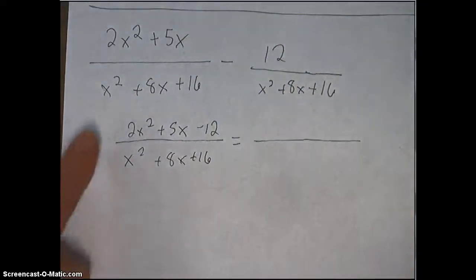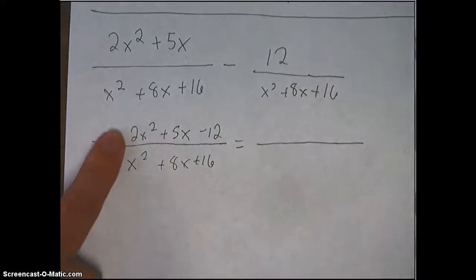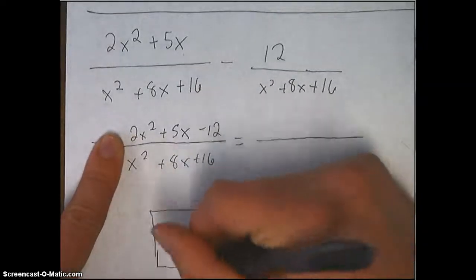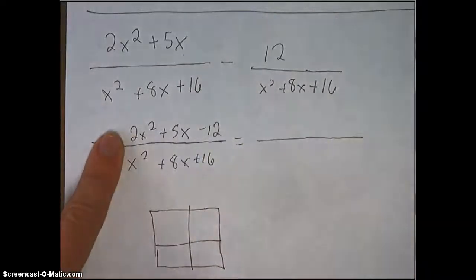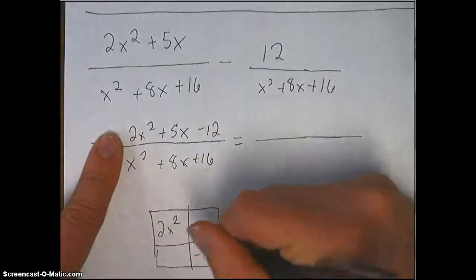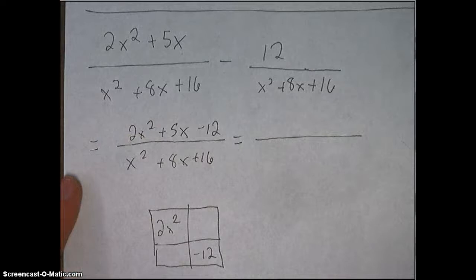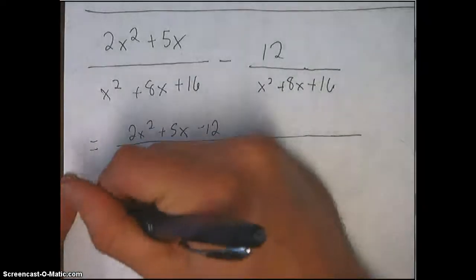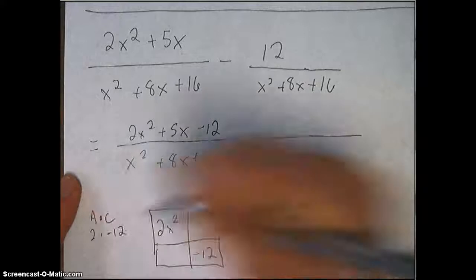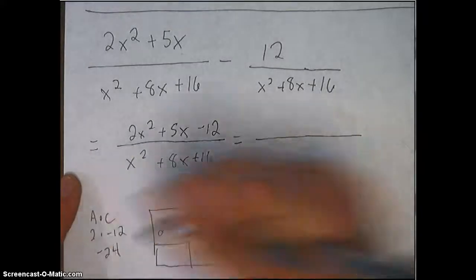And when I'm factoring the top, whenever I've got a number in front of the x squared, I like to use the box method. Some people can do this in their head, but I like the box method. So I've got 2x squared, and I've got a minus 12 right there. And I need to start with a times c, which is 2 times negative 12, which is negative 24.